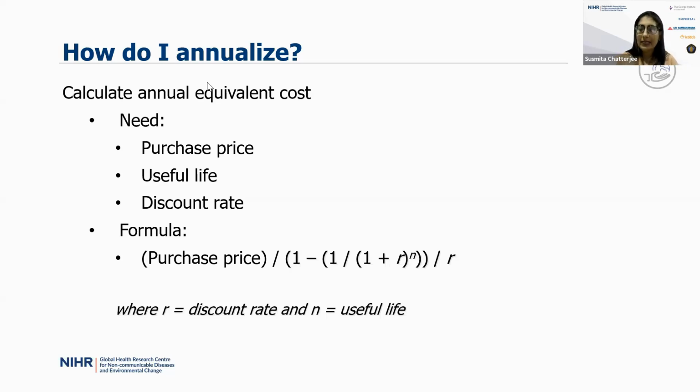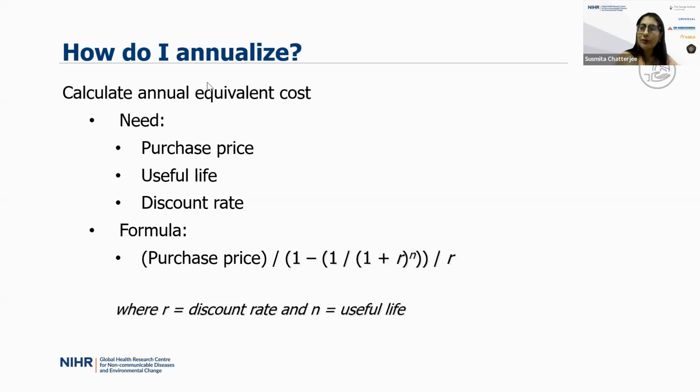Now, the discount rate can be the country's central bank fixed deposit rate. For example, for India, the Reserve Bank of India has a rate, the fixed deposit rate, that can be used. For Indonesia, the central bank must be having a rate. Bangladesh, there must be a rate. That rate can be used, but generally in economic evaluation theory, we straight away use a 3% discount rate.